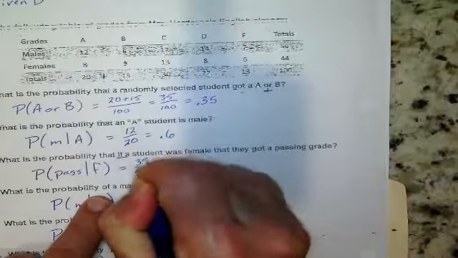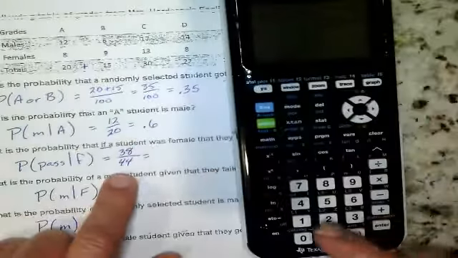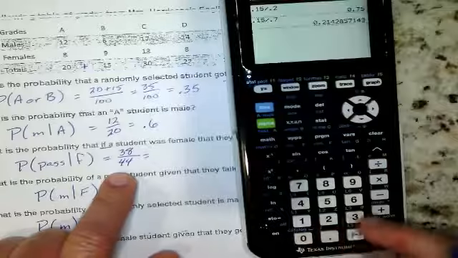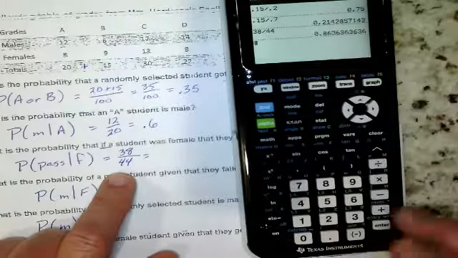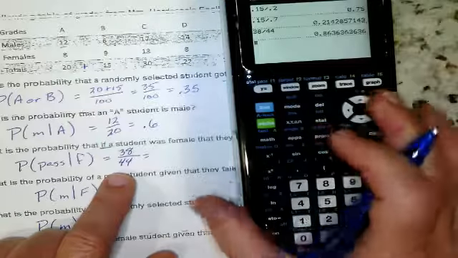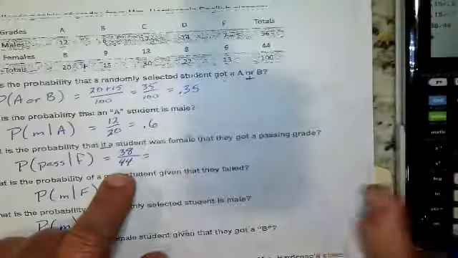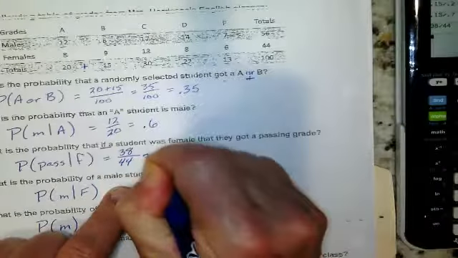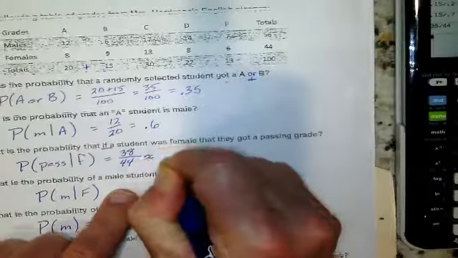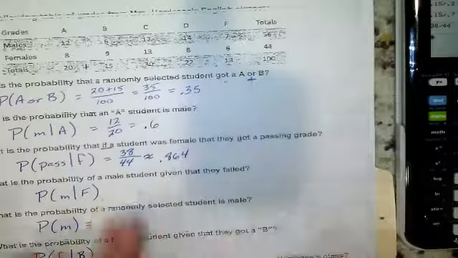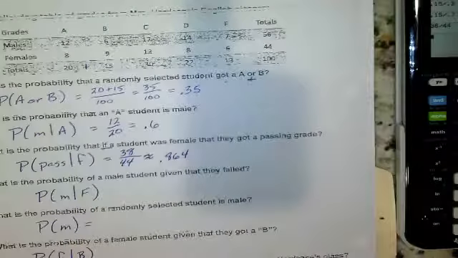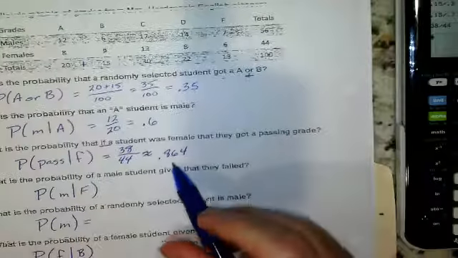So that's going to be 38 out of 44. We're looking at a repeating decimal here because this is a multiple of 11. So 38 divided by 44 is 0.8636363636. I'm going to say approximately 0.864. I just wanted to go 3 decimal places on that. We could have stopped at the 6 if you wanted to.